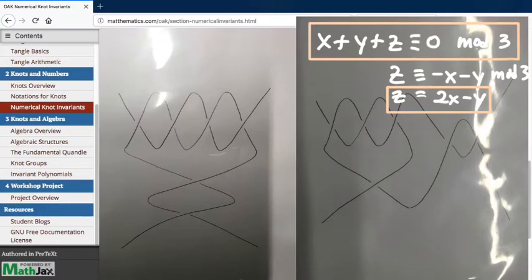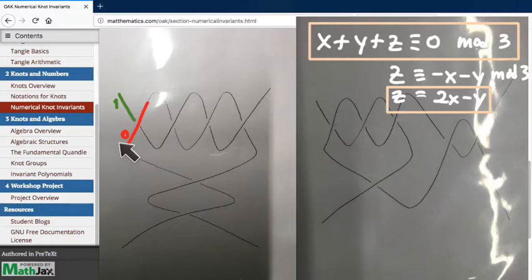So how this works is we'll start, again, as we did in the beginning, at this part of my tangle up here in the upper corner, by labeling my first 2 strands 0 and 1. And so if x here is 0 and y is 1, then z is going to be the color of the 3rd strand at this crossing.